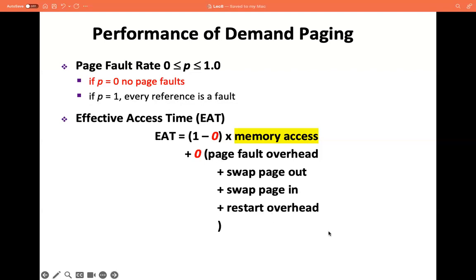So you can immediately see that this second term is eliminated, and we are left with (1 minus 0) times the memory access, which is 1 times memory access. So if there are no page faults, we only consider the memory access, and the effective access time is just the memory access time.